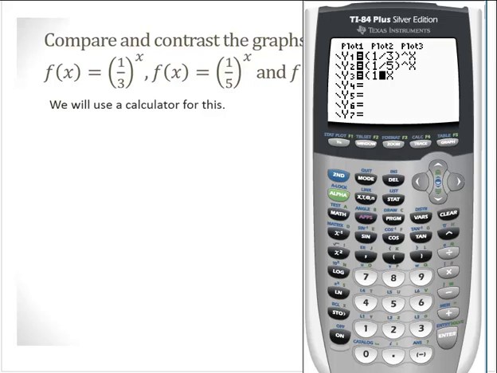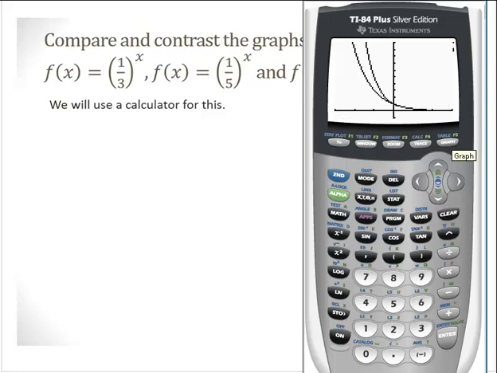And we have 1/10 to the x. All right, and let me go back to the window -3 to 3. And let's go -1 to 10 on the y's. All right, in the graph, there's the first function, second, third.